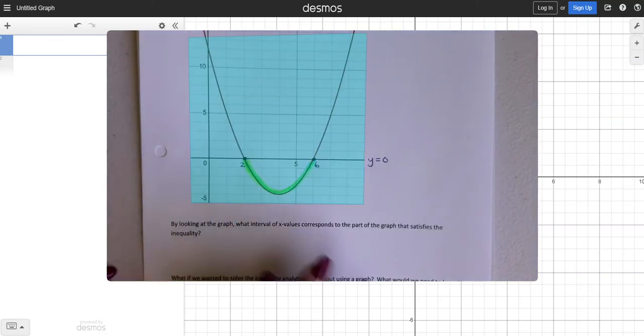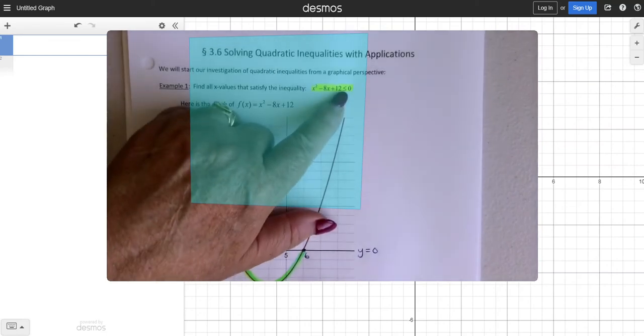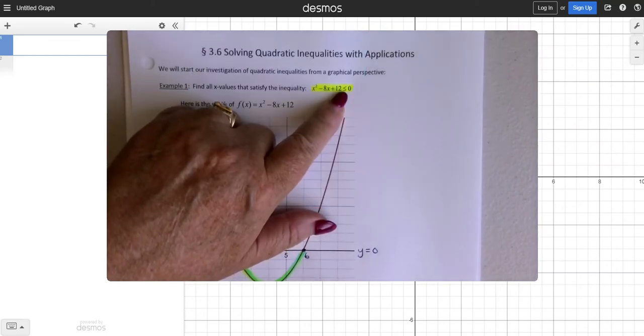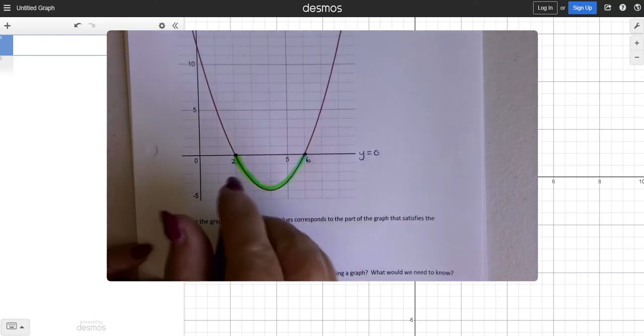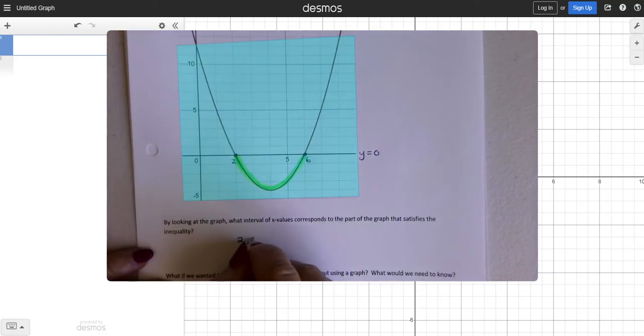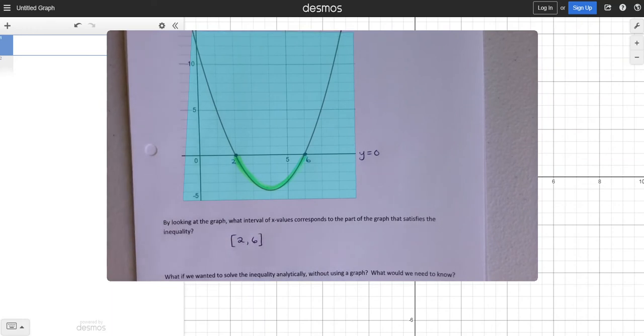And since the original inequality was not just less than, but also included the possibility of being equal to 0, I'm going to say the interval would go from 2 to 6 and include both the 2 and the 6. So graphically, I can kind of see visually how to solve that inequality.